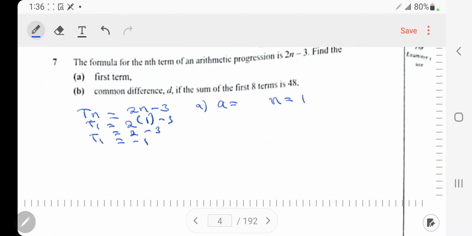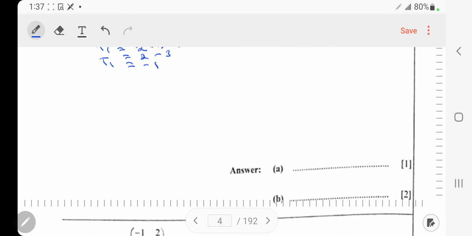The sum of an AP is given as n over 2 open brackets 2a plus n minus 1 times d, like this.